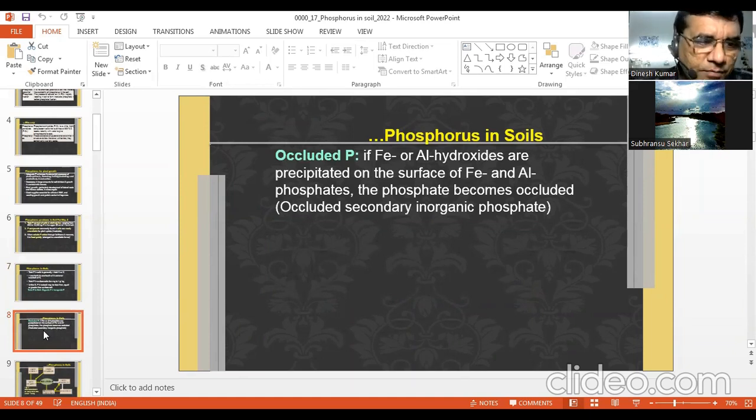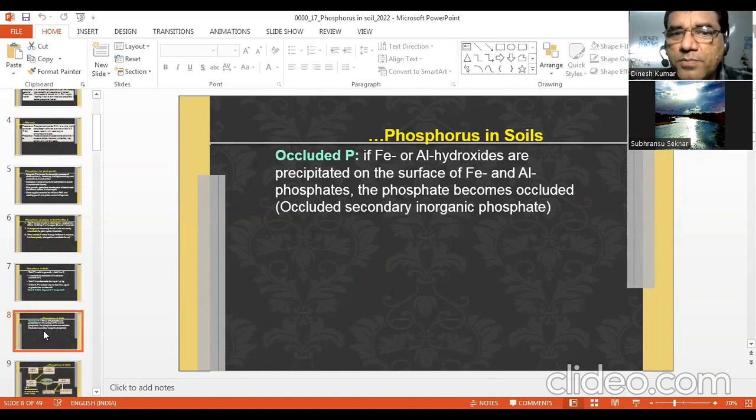Now, before we understand the phosphorus cycle, one term will come that will confuse the students. That is occluded P, occluded phosphorus. What is it? It is when iron or aluminum hydroxides are precipitated on the surface of iron and aluminum phosphate. Suppose iron and aluminum phosphates are already there, and on them you get iron or aluminum hydroxide attached.